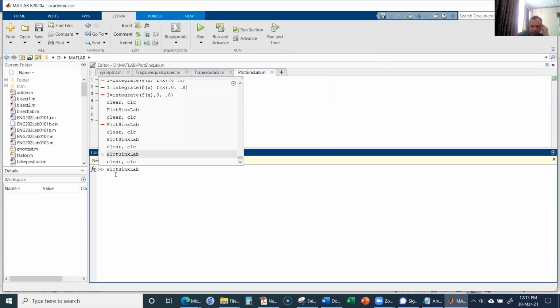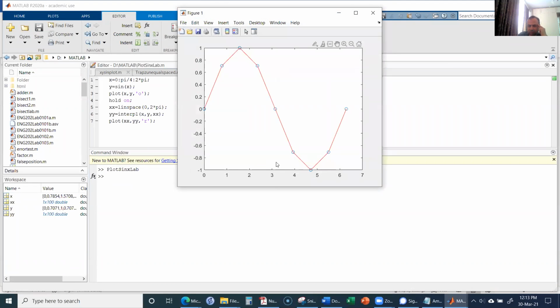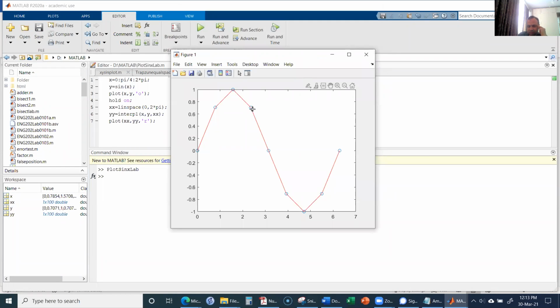Now I can see these values over here. As you can see, these markers show the x and y values, whereas these red lines show the xx and yy values.